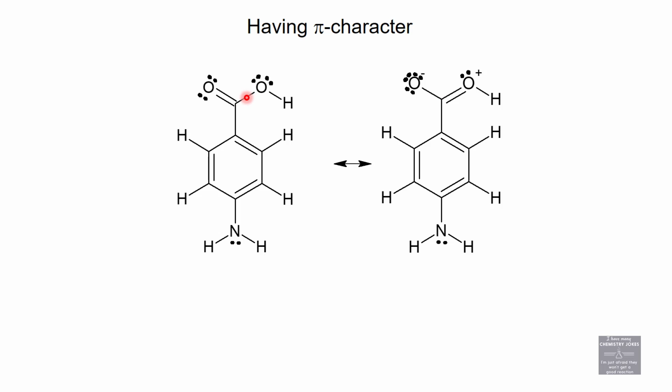Well, if this is solely a single bond, rotation can happen around this atom. But in reality, this bond has some pi character, and it has pi character to make this bond not rotatable. This hydrogen cannot free float, swing around, cannot rotate.